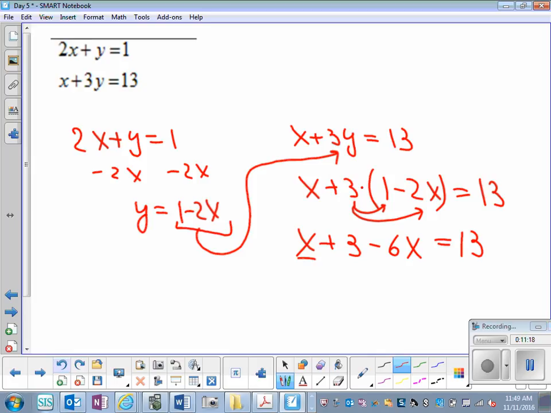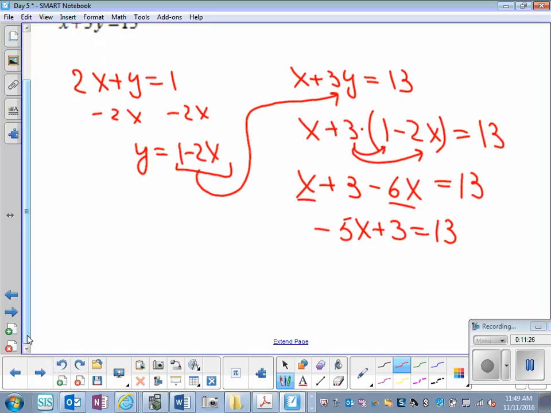Right, so I combine the like terms, x minus 6x is minus 5x, then I still have 3 equals 13. And then I subtract 3 from both sides, so I have negative 5x equals 10. And then I divide by negative 5, and then I have x equals negative 2.